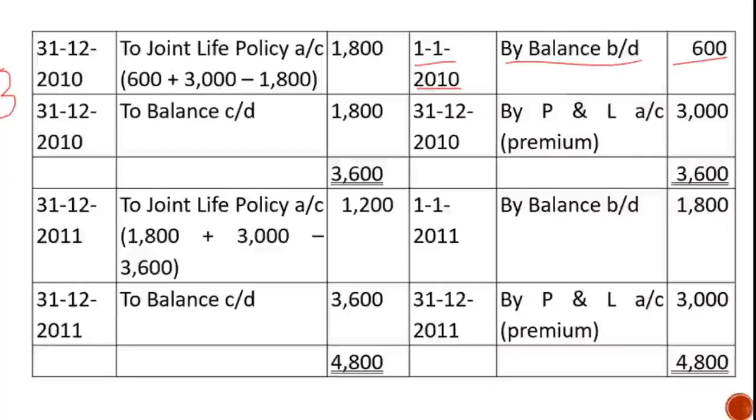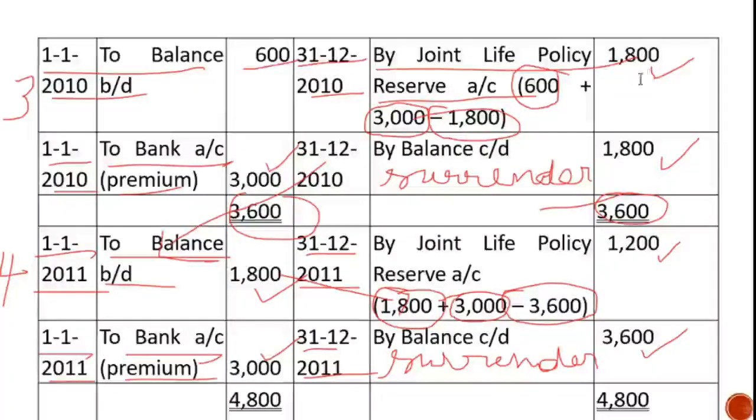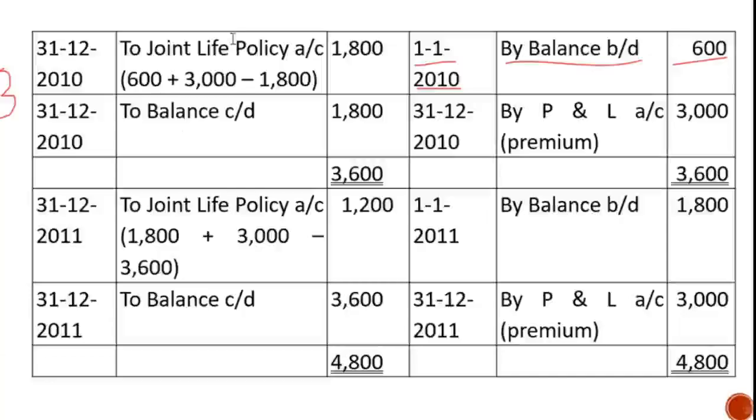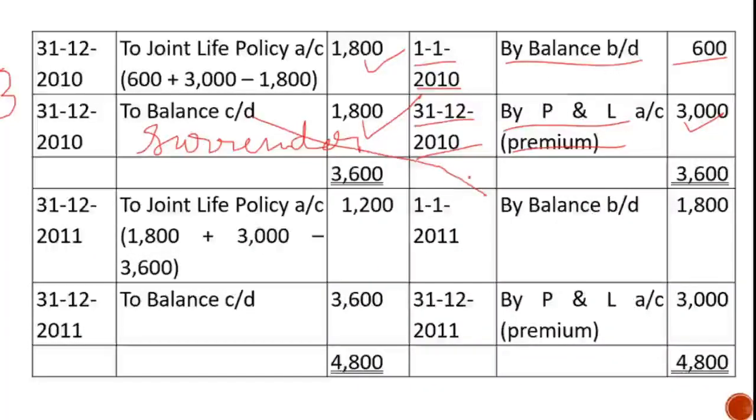In the third year we had a balance of 1800, so you record 1800 as the balance and transfer the annual premium, which is charged to profit and loss account, as by profit and loss account. The remaining value is the surrender value, that is 1800. Now this balance is to be carried to the fourth year.